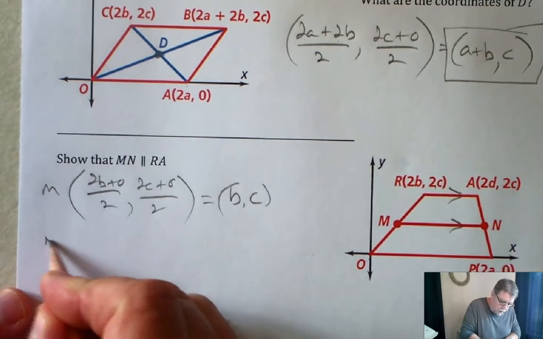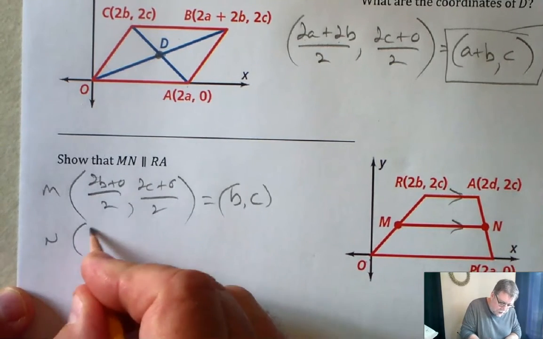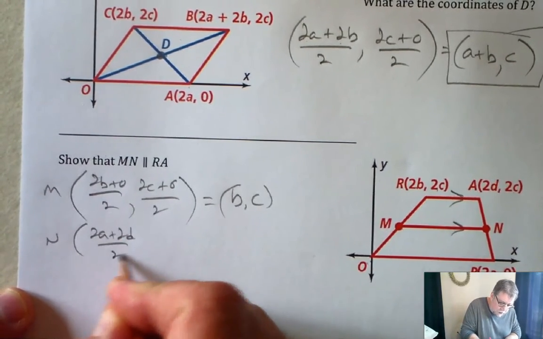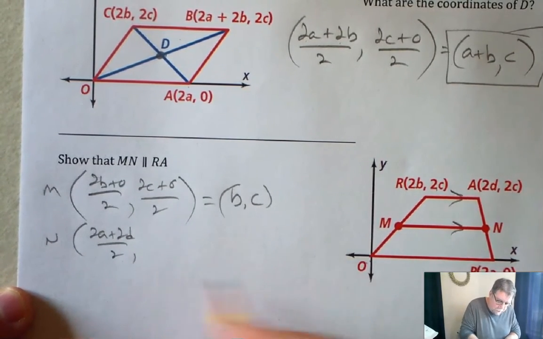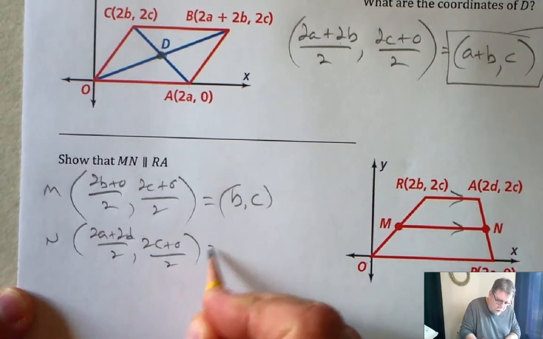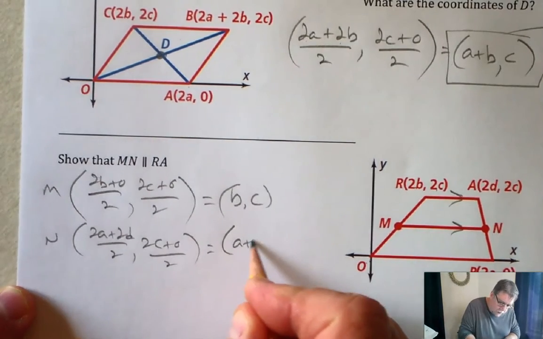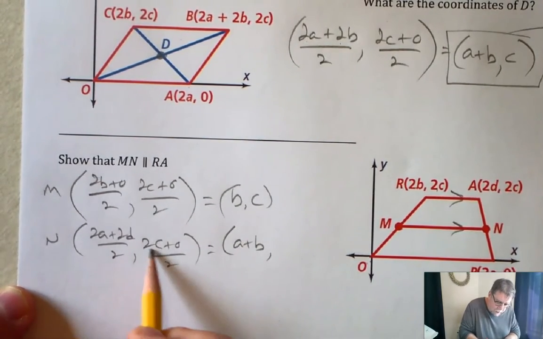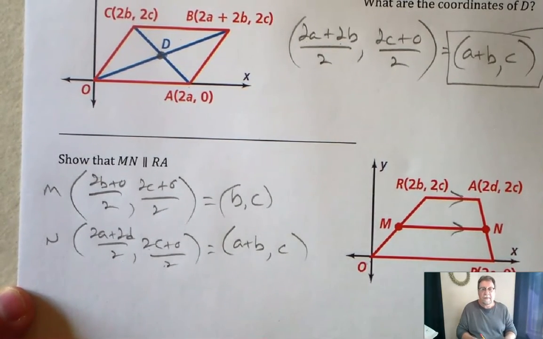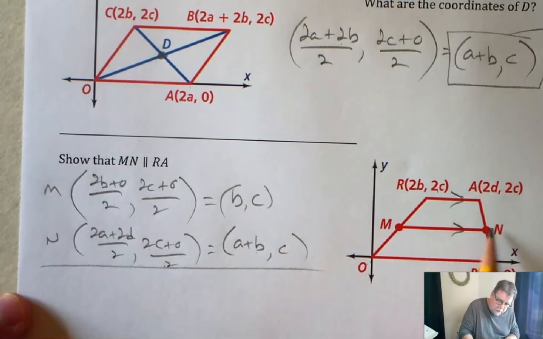N is going to be 2a plus 2d over 2, and 2c plus 0 over 2. That's going to give me a plus d, comma, again, c. All right, so those are the coordinates of these.